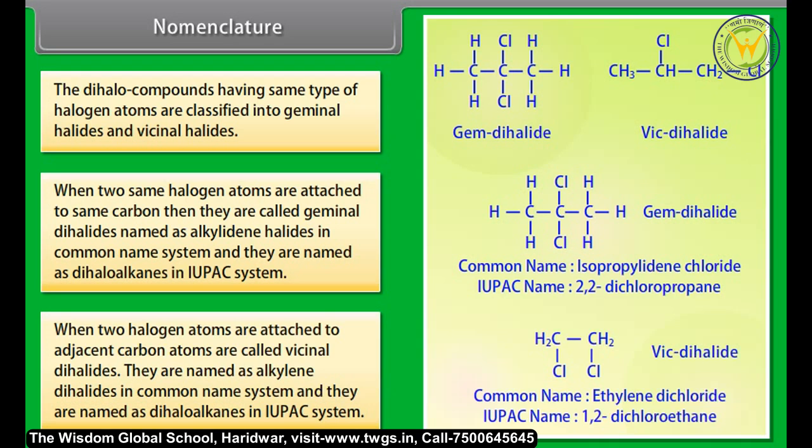When two halogen atoms are attached to adjacent carbon atoms, they are called vicinal dihalides. They are named as alkylene dihalides in the common name system, and as dihaloalkanes in the IUPAC system.